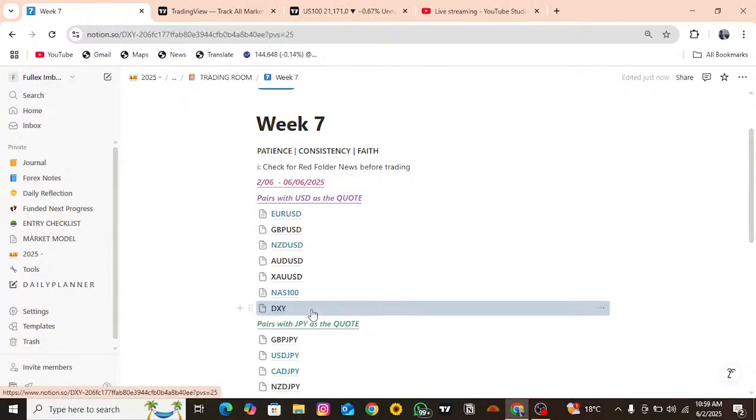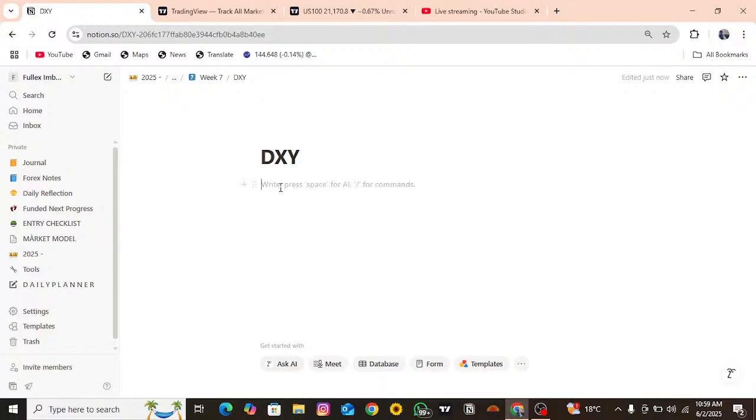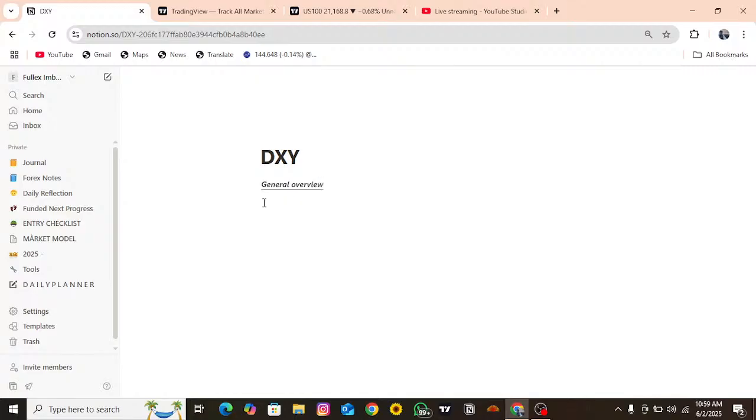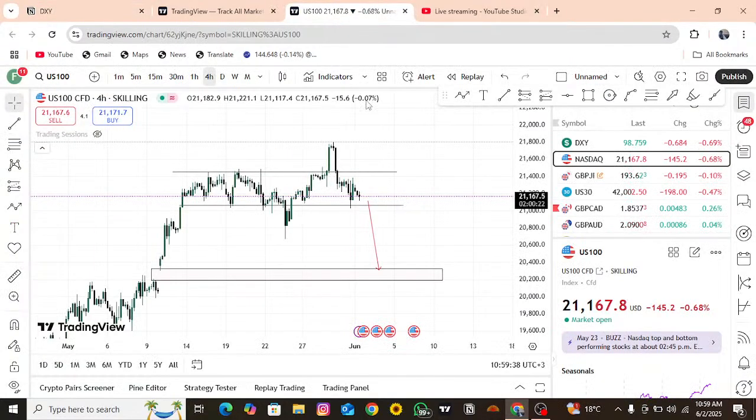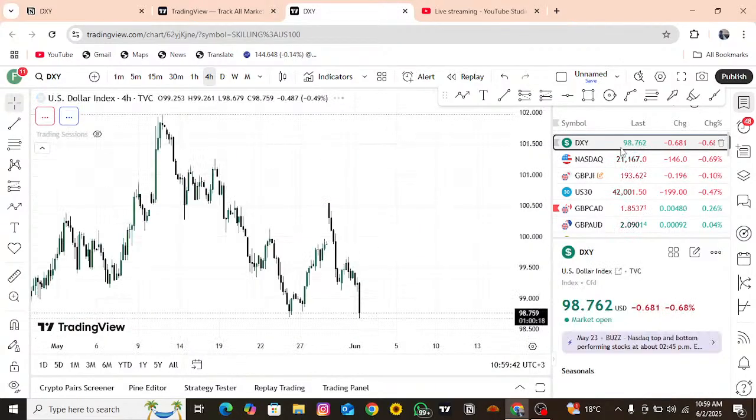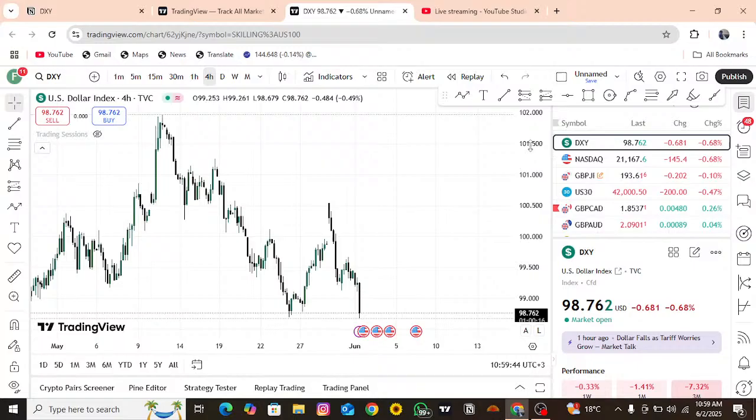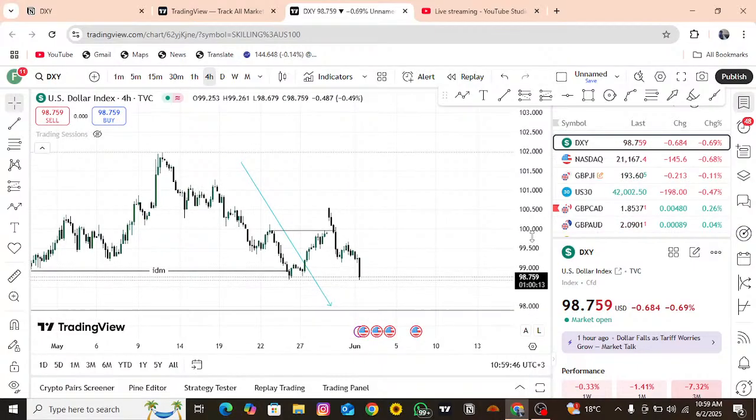I don't know what DXY is doing, so it's just going to be a general overview. So DXY, it's here. General overview.